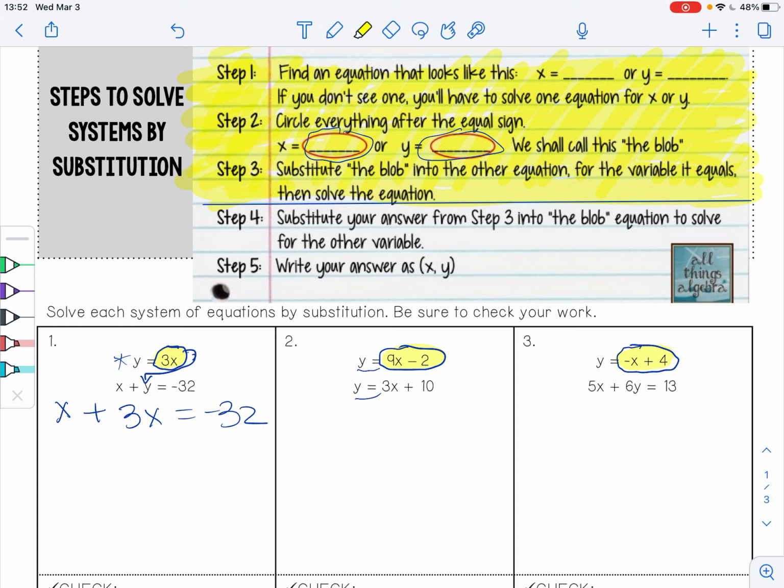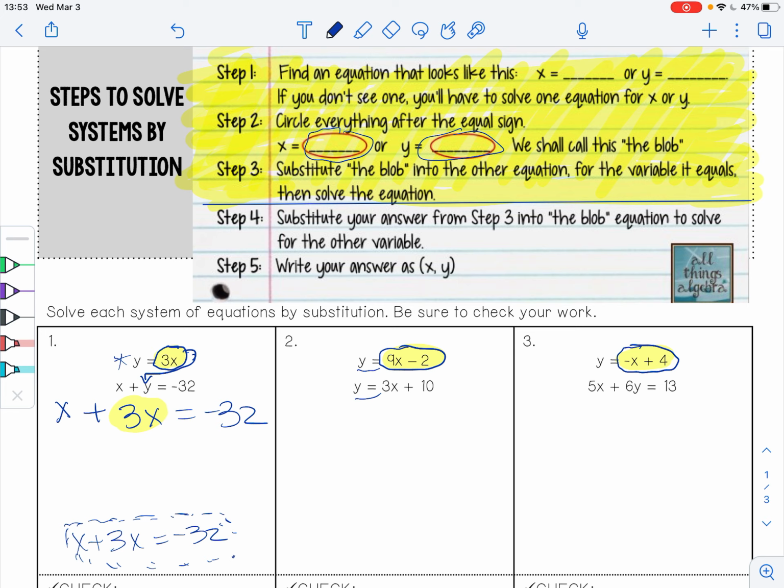Everything changed except we took away the y and put in the 3x. That's the only step I want you to do right now on this page and the next page. On Class Kick, you'll have a little dotted green box at the bottom, and that's where you're going to type your answer. So I would type x plus 3x equals negative 32.